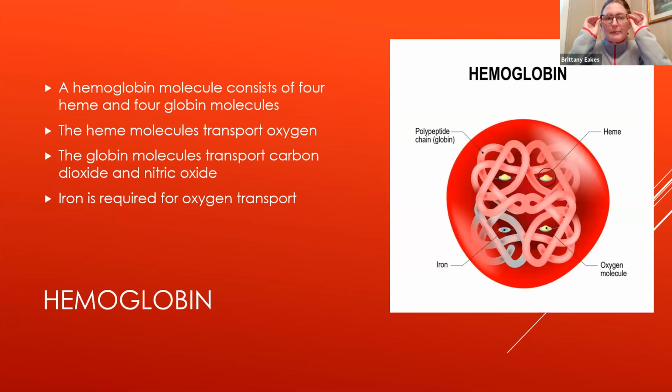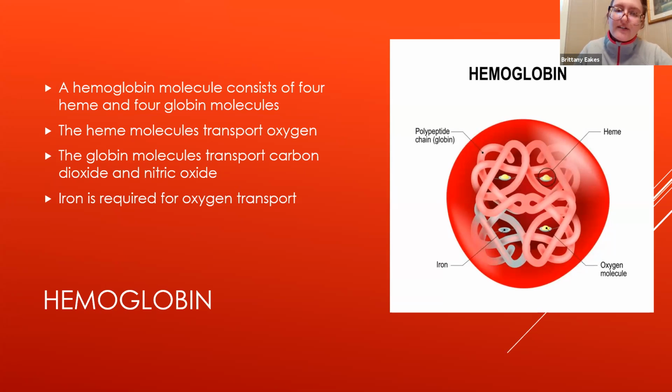So let's talk about hemoglobin, which is what colors the red blood cells red. A hemoglobin molecule consists of 4 heme and 4 globin molecules. You do not have to remember this; I'm just demonstrating. The heme molecules transport the oxygen, and the globin molecules transport carbon dioxide and nitric oxide, which are waste products.